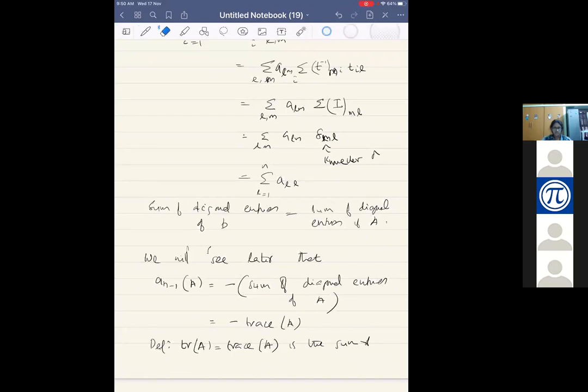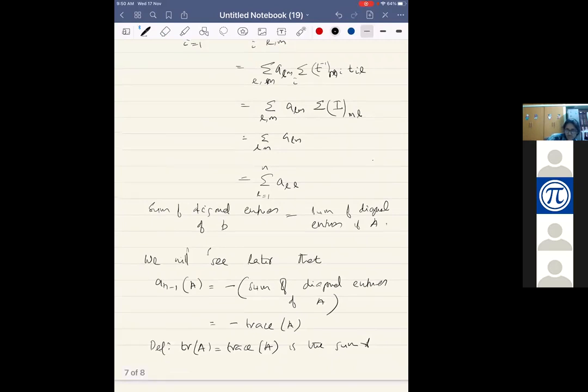Are you with me till here? T inverse T is the identity matrix. So this is the MLth entry of the identity matrix.